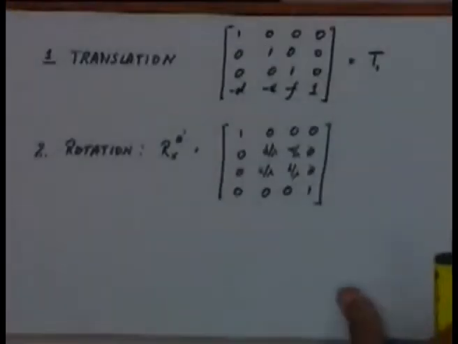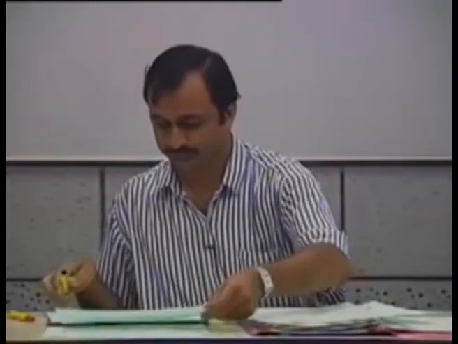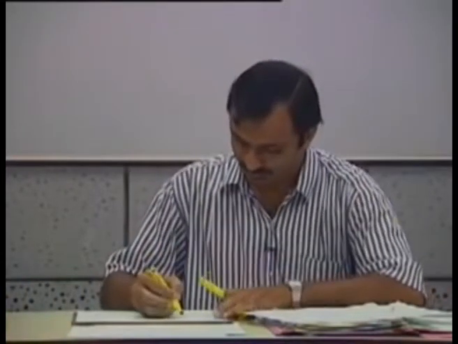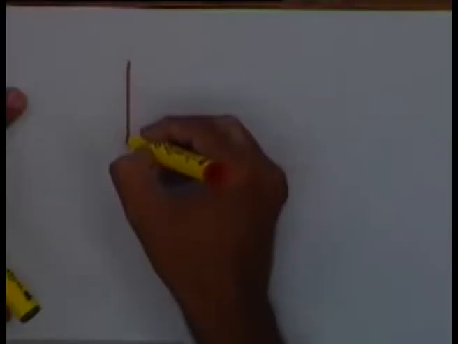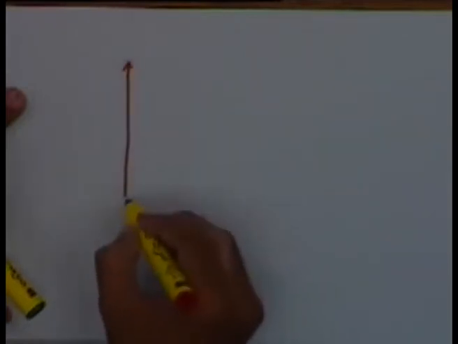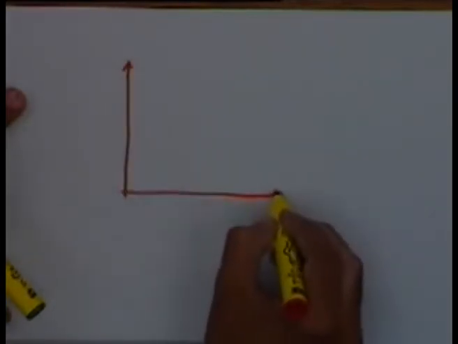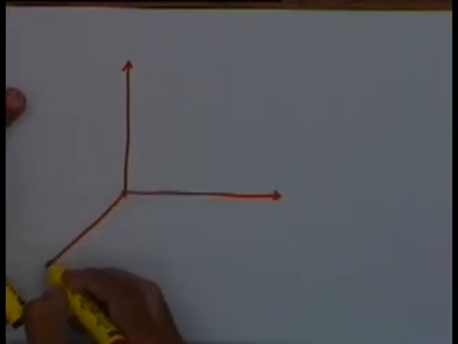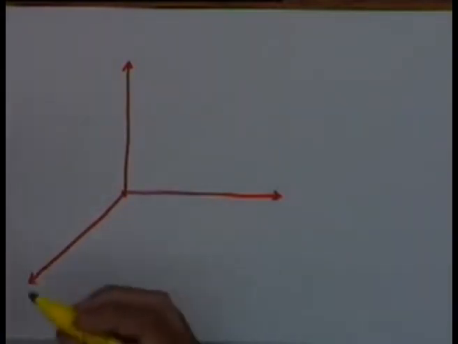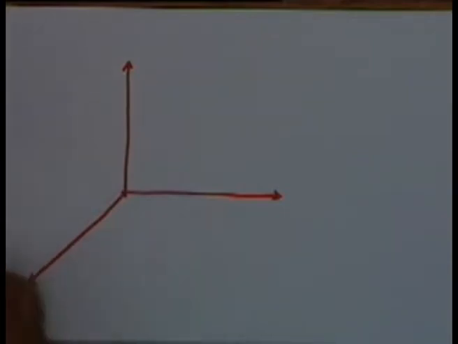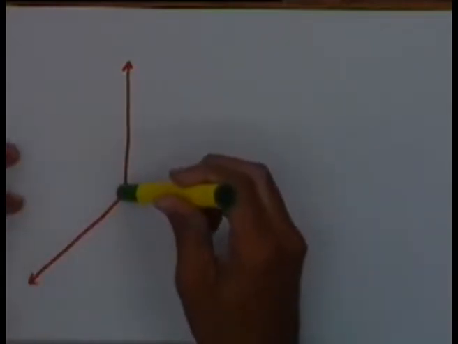So if I draw another figure, earlier my vector with respect to this origin looked something like this.